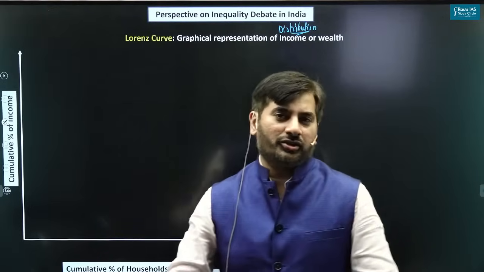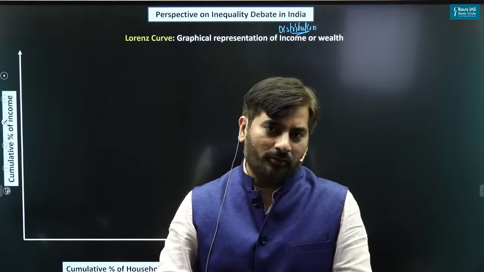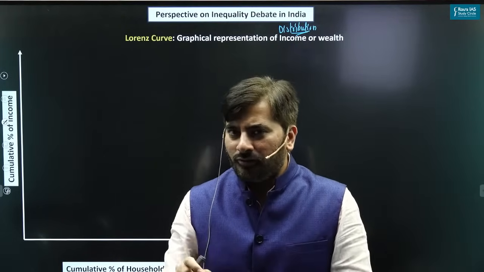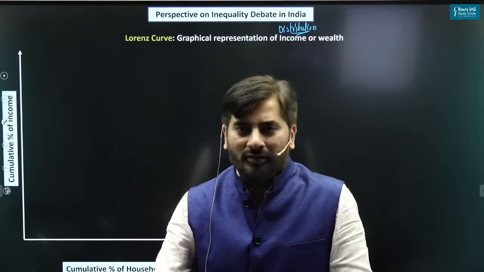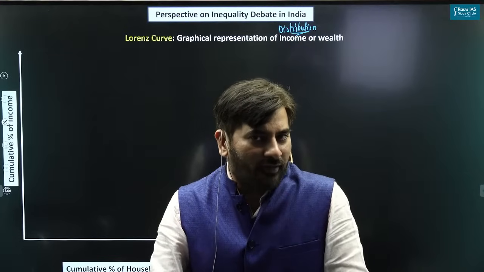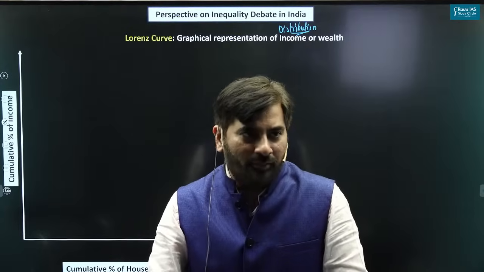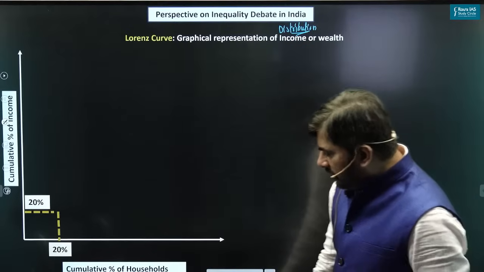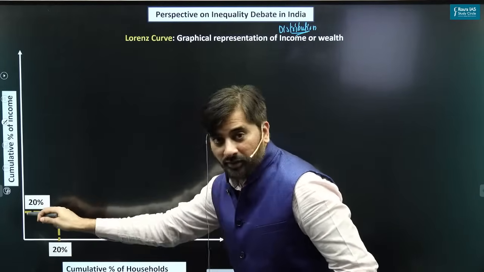Now think of a situation where we're talking about a very idealistic scenario. Idealistic scenario where 10% of the households own 10% of the income or wealth, 20% of the households own 20% of income or wealth, 50% of households own 50% income or wealth. For example, 20% households own 20% of income.